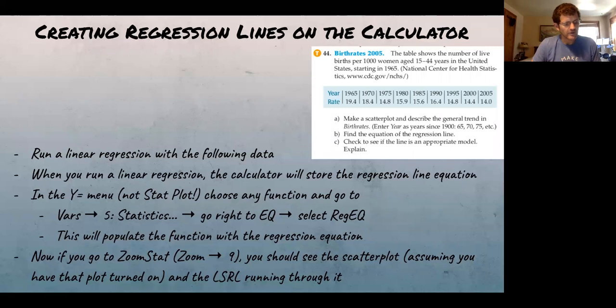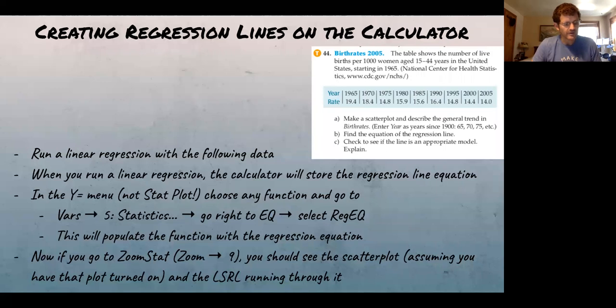Once you're in statistics, scroll with the arrows to the right until you get to equations, EQ. The very first one is your regression equation. All you have to do is select that, hit enter, and you're going to see a really weird linear equation fill that function, and that is your regression equation.